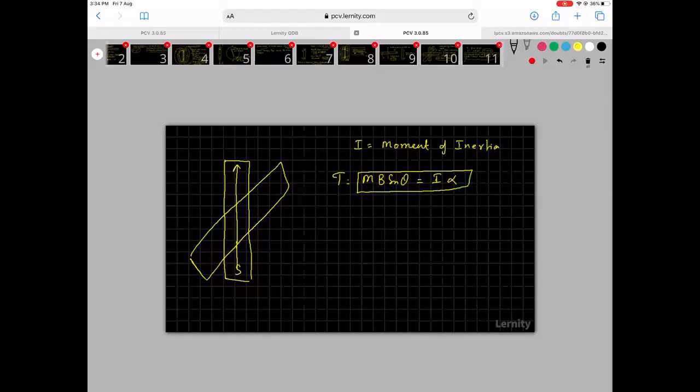So I can say alpha is equal to mB sine theta by I. And it's a restoring force, it tends to go back, which is because it is in equilibrium. So this mB by I can be equated to omega squared.